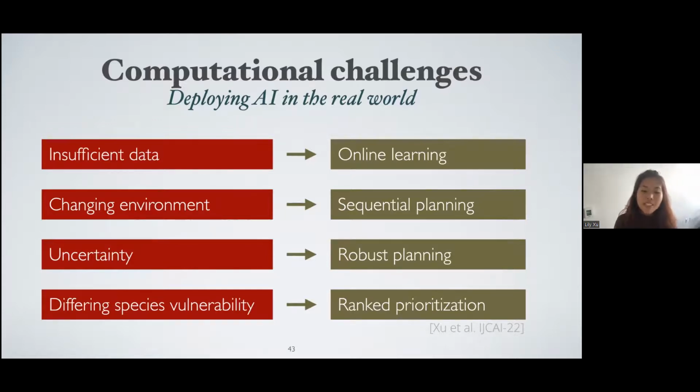So we really want a way to prioritize species according to this ranking system, depending on their endangerment status. And our recent paper at IJCAI this year proposed this rank prioritization for multi-armed bandits.